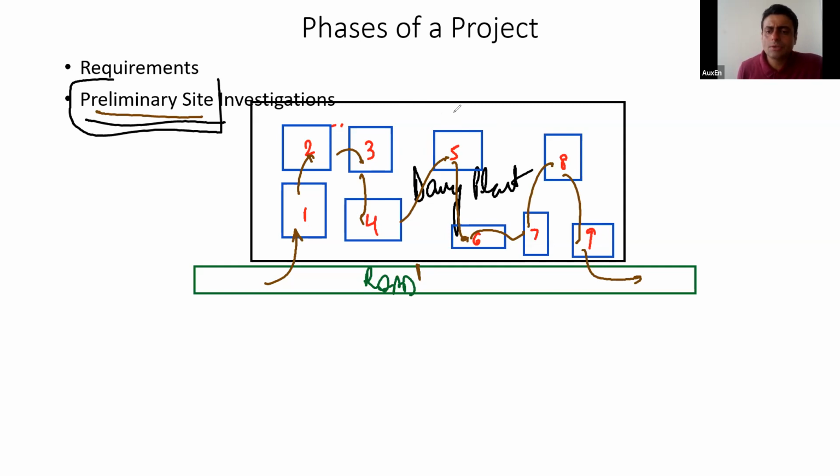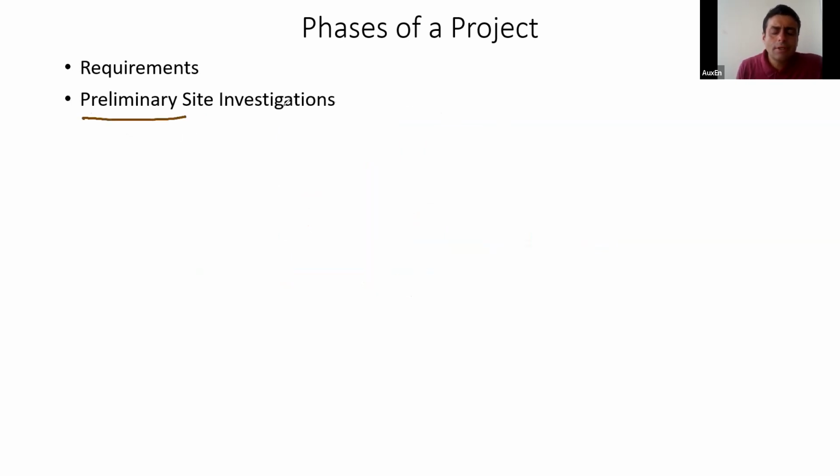But for small projects, you may not have the luxury of planning in this way. Anyway, this is important. In addition to this, some preliminary site investigations are also extremely important. So again, for a big project, these preliminary site investigations may affect your planning, and they may affect your cost also.